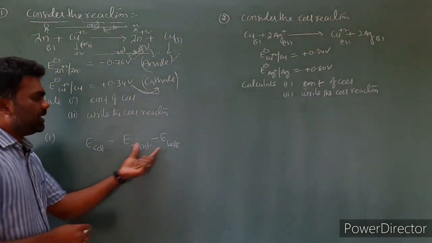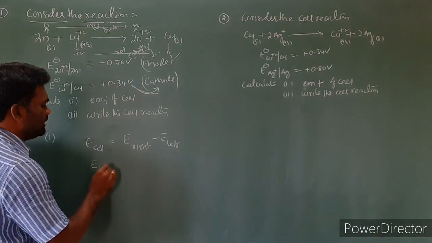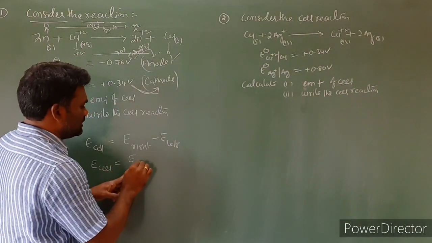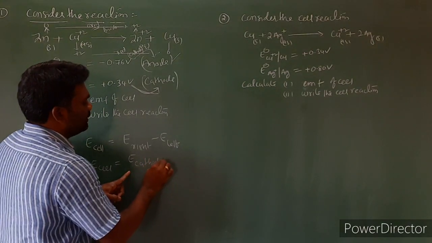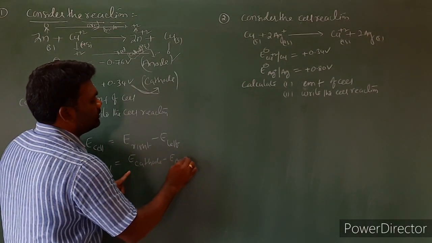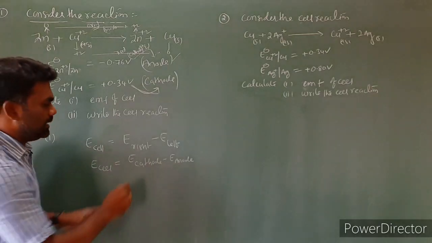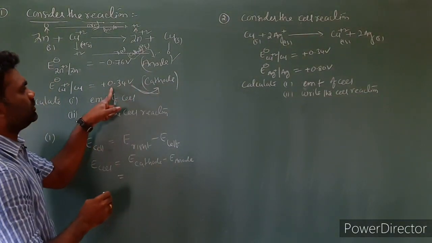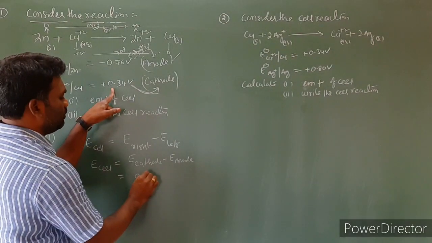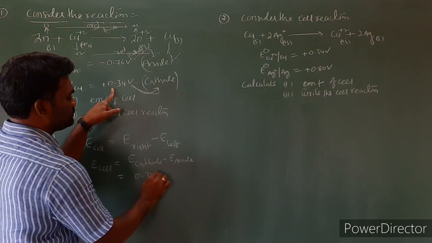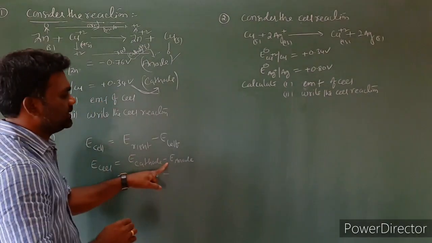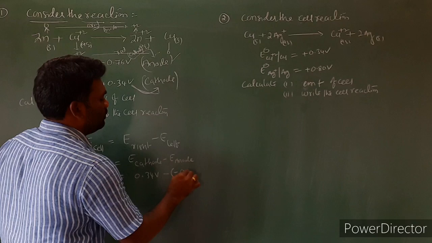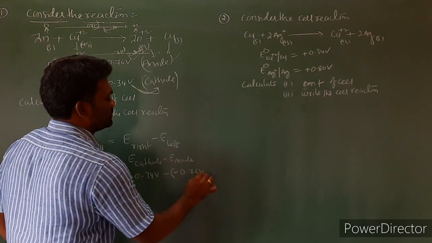Now, E right minus E left. We can take another formula: E cell is equal to E cathode minus E anode. The cathode value is 0.34 volts, minus the anode value, minus 0.76 volts.